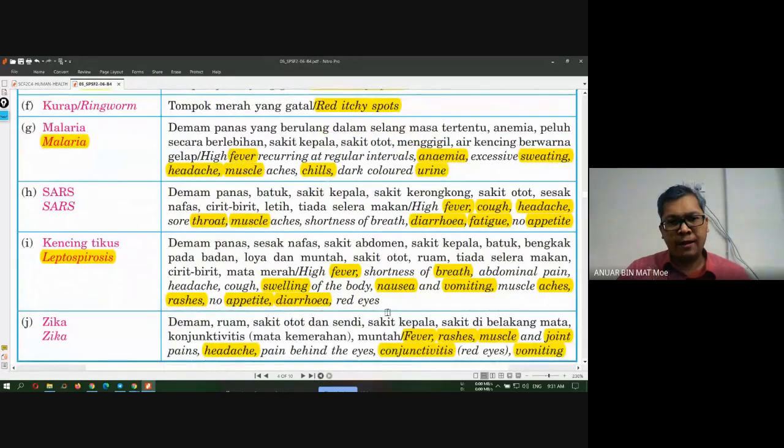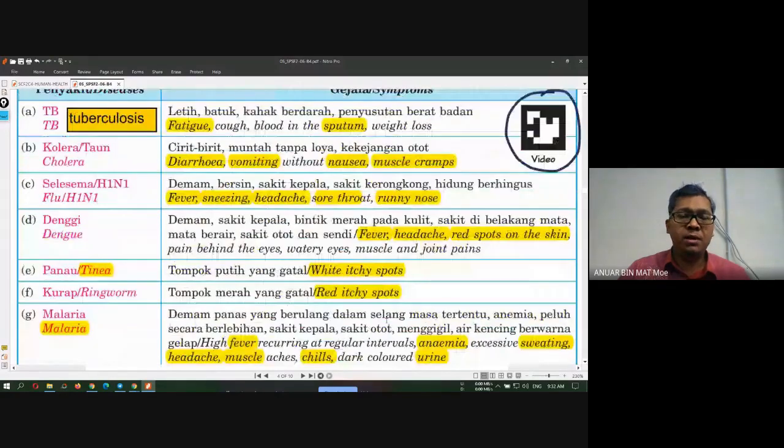The question may be a bit simple. You no need to remember all the symptoms related to the disease. No need. But you must understand what the symptoms are, maybe one or two symptoms related to a certain disease.